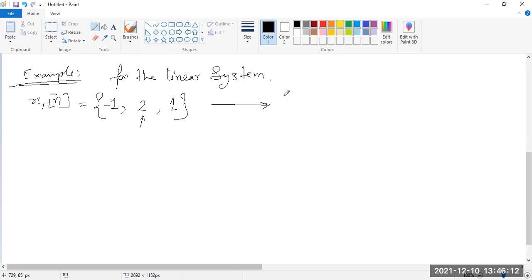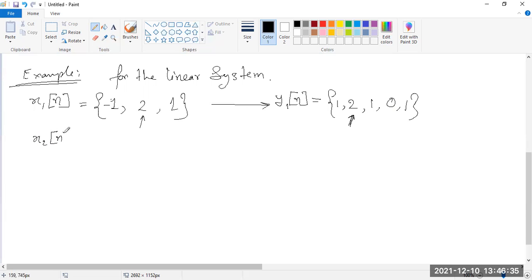It will give you y1[n], that is 1 2 1 0 1. Here the origin is at the 2.